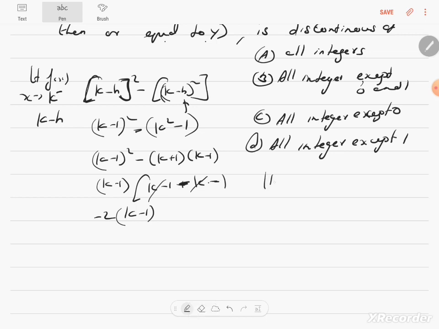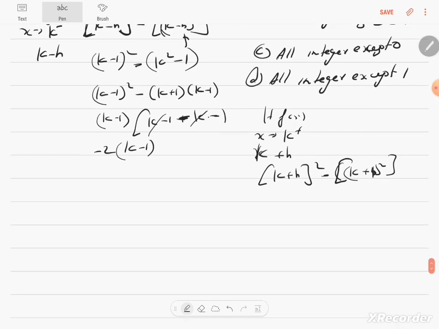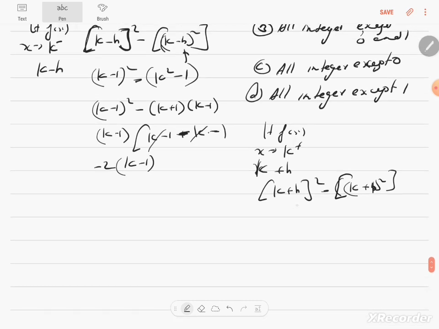So let's try for the right hand limit. x tends to some random value k plus. You can write x as k plus h. So then it will become the greatest integer function of (k plus h) the whole square minus the greatest integer function of (k plus h square). Now k plus h is approaching k from the right, so it will still be k square.